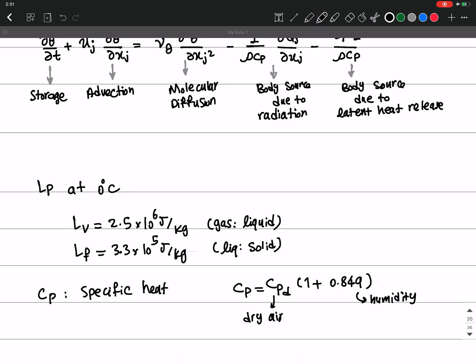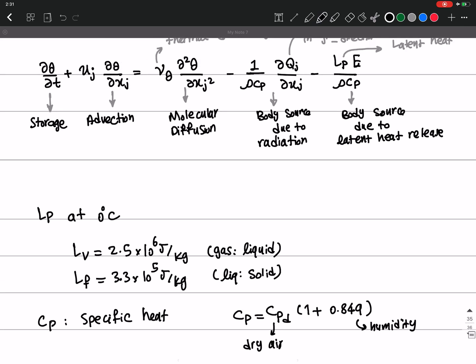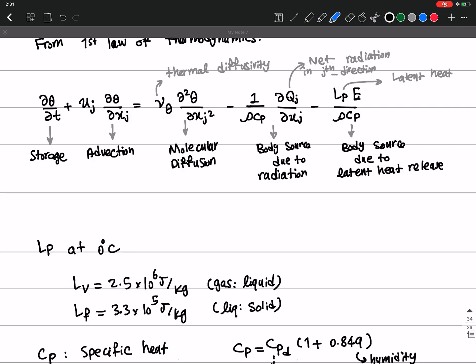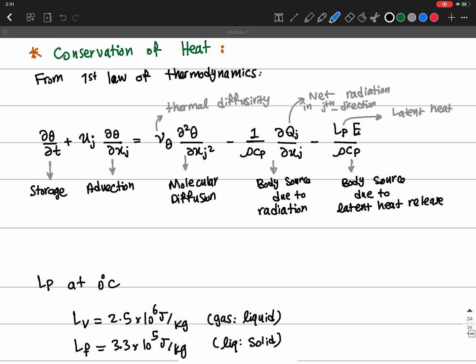Okay. So CP is just a specific heat that is in these two terms. So this is the conservation of heat equation.